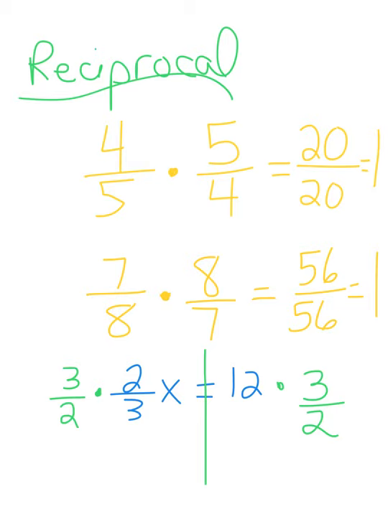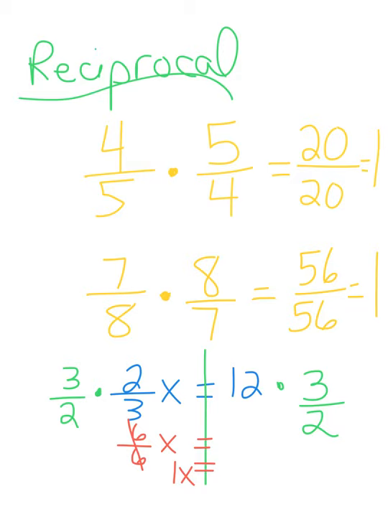Well, we know that reciprocals are going to give us 1. 3 times 2 is 6. 2 times 3 is 6. And we have 6 divided by 6x, which we know cancels to just mean the number 1x. That's why we multiply by the reciprocal, is to isolate the variable x and get 1x all by itself.